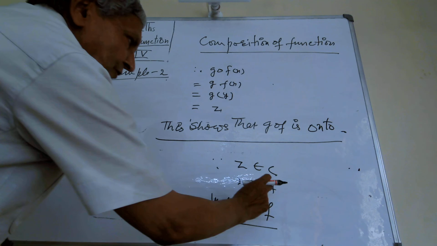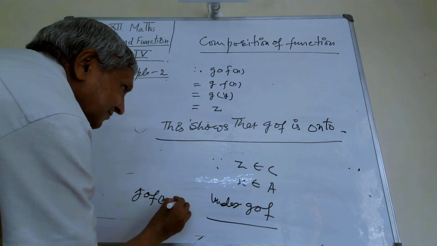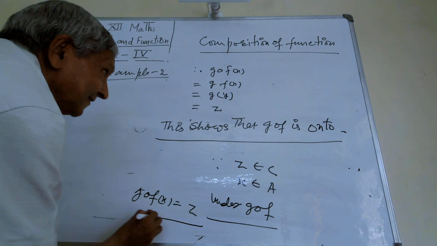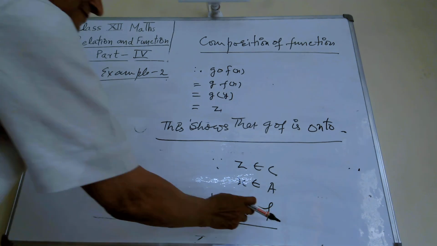For the onto condition, gof(x) is equal to z. This is the condition. This is the condition of onto.